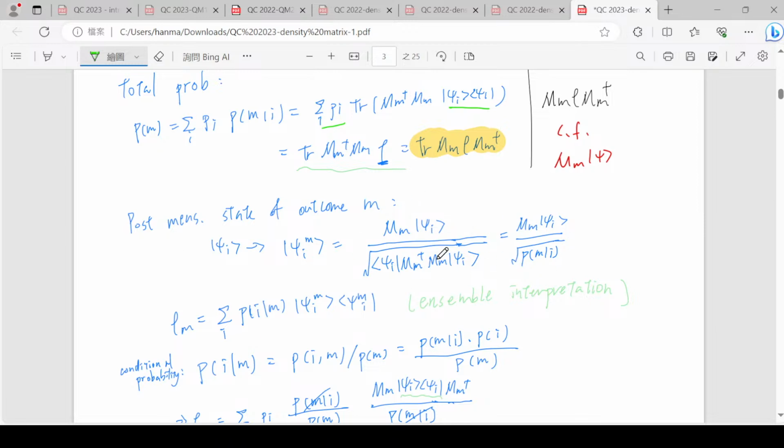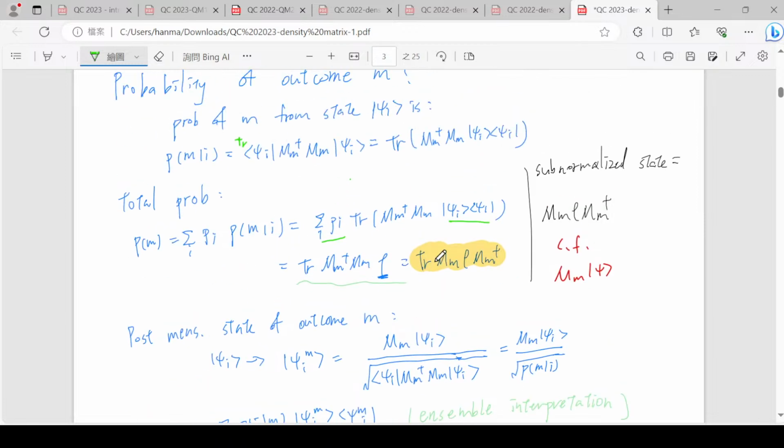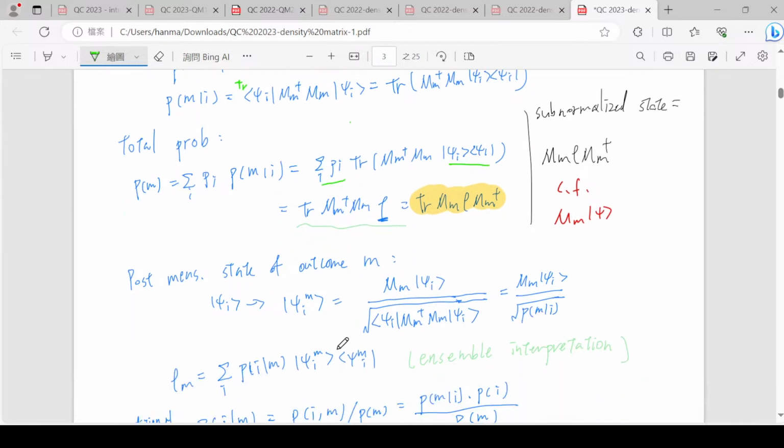So this is a normalized state. And then we calculate. And here you just plug in the formula of chapter 1. So it is M_m psi_i divided by the normalization. And we see the normalization is the probability p of m conditioned on i.